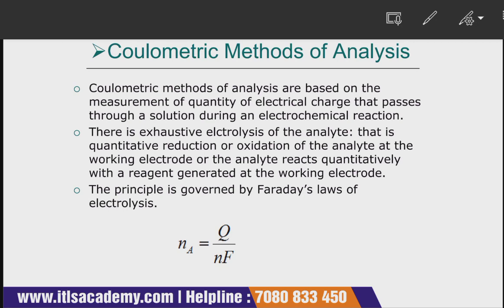This paragraph we have already understood in our previous slide. Okay, so there is an exhaustive electrolysis of an analyte, that is the quantitative reduction or oxidation of the analyte at the working electrode, or the analyte reacts quantitatively with the reagent that is generated at the working electrode.